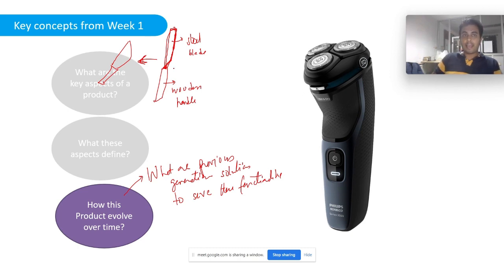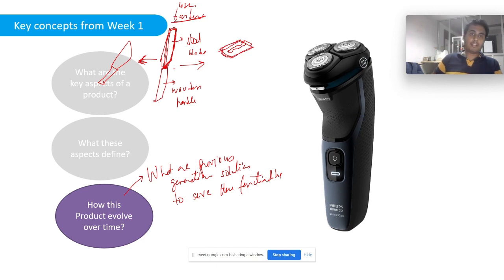And then we have these particular tools which are used by barbers. So the user here is the barber, and you will get these in saloons only most of the time. And then you have the commercial razor, where the blade comes into the picture.